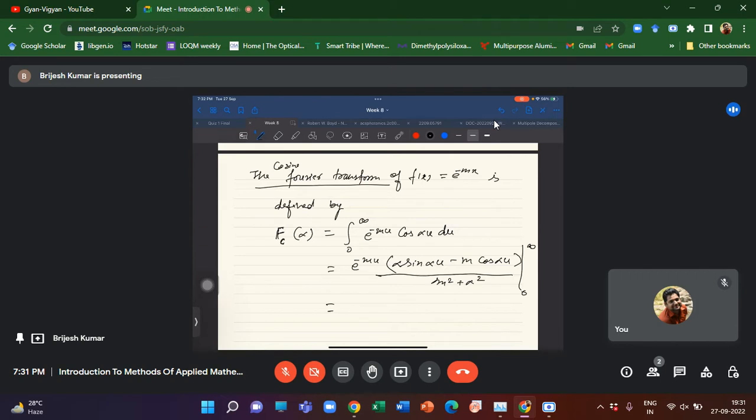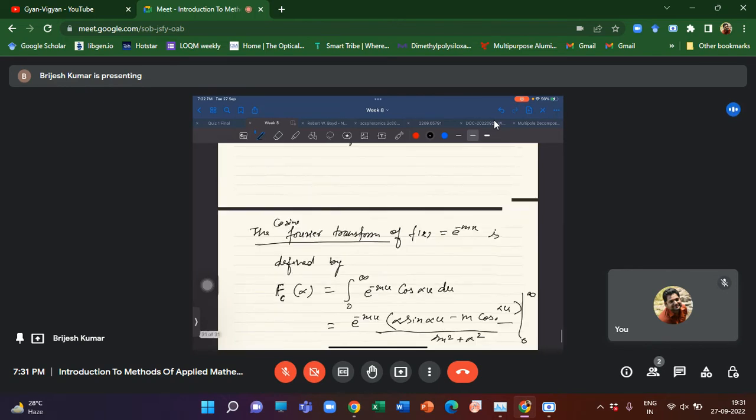So if you put this limit in this one, it gives m upon m square plus alpha square.